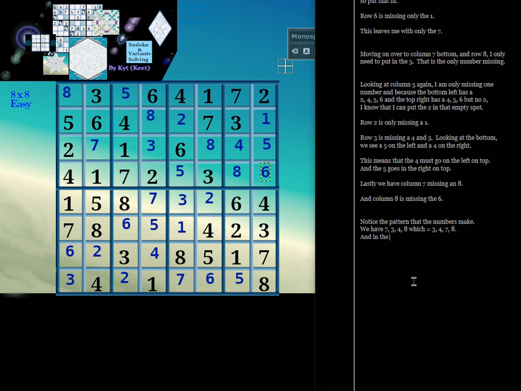And in the bottom right, we also have 3, 4, 7, 8. And the upper right has 1, 2, 5, 6, and so does the bottom left.